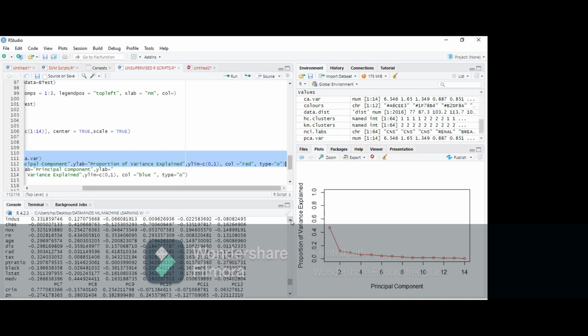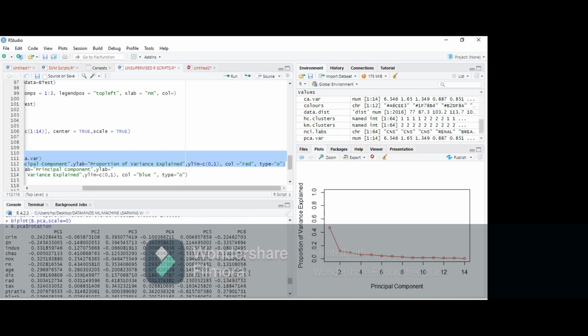DIS. DIS is the weighted mean distance to 5 Boston employment centers. CHAS actually means Charles River, a dummy variable, whether it's on the side of the river or not. Then we have some other ones. So in component 2, and don't forget that in component 1, we said it's not the 7th one that most describes the, okay, that should be age.